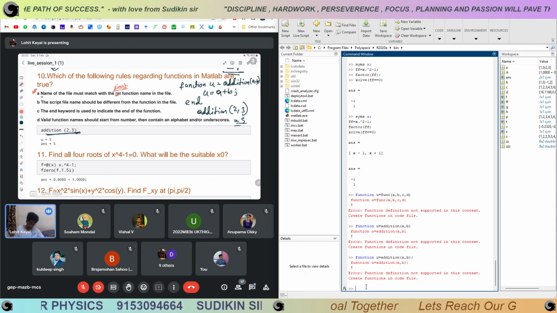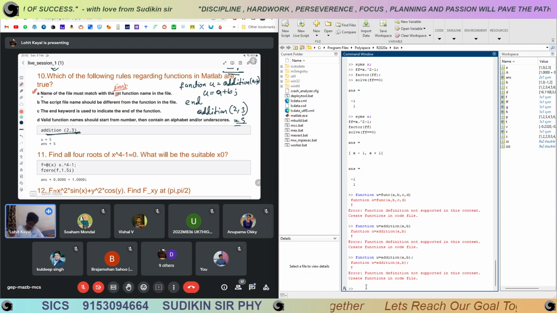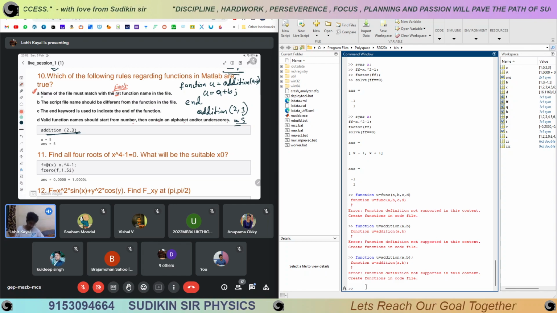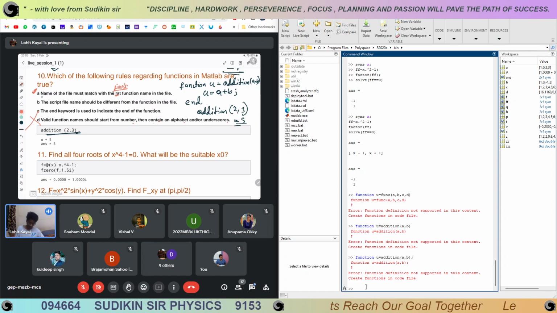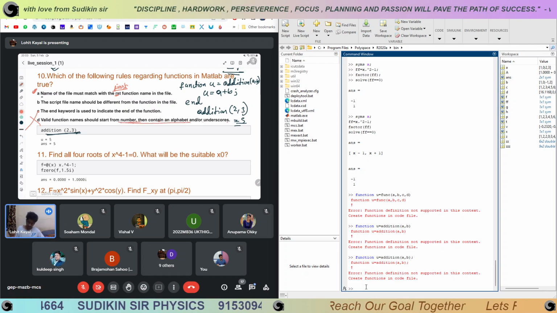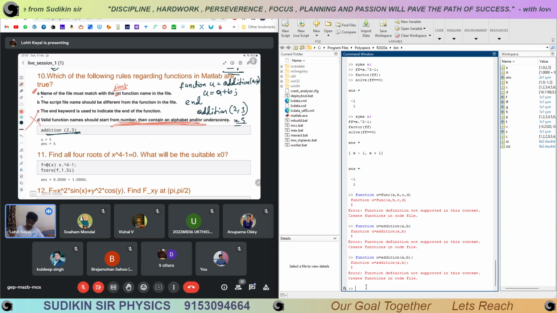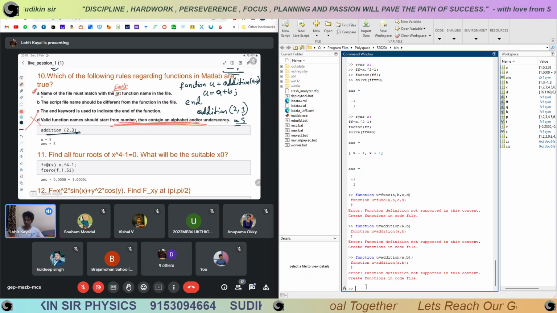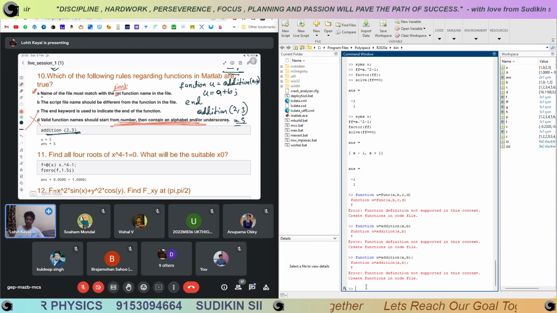The end keyword is used to indicate the end of the function. This is true. A valid function name should start from a number, then contain an alphabet and or underscore. This is not true. You cannot start it with a number or an underscore. If it has underscore in it or some numerical values, some plus sign, minus sign, then it will show you an error.